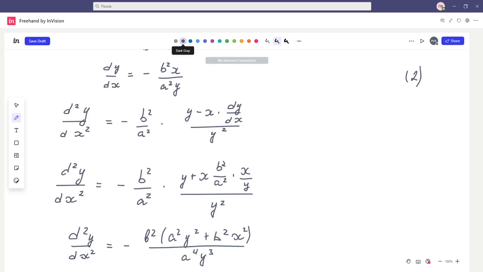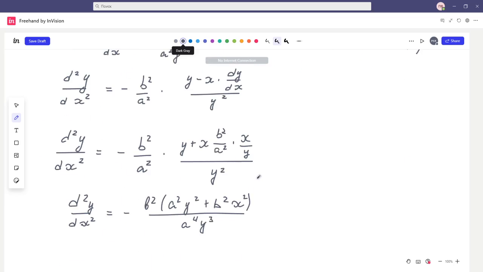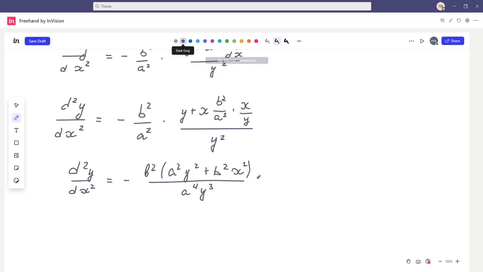From equation 1, it follows that a squared times y squared plus b squared times x squared is a squared times b squared.